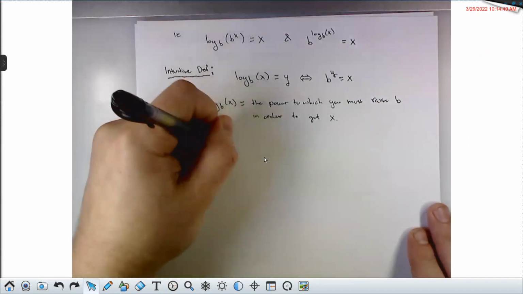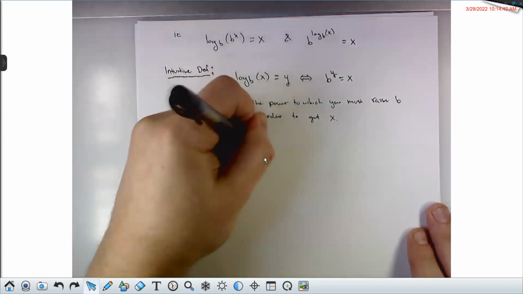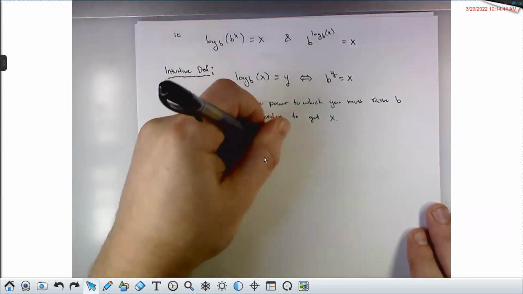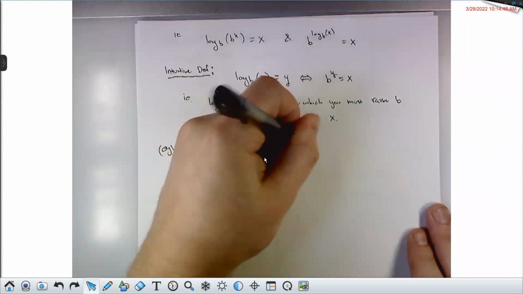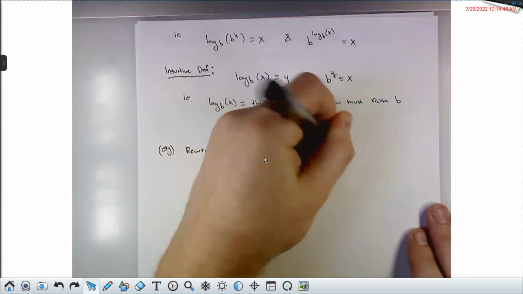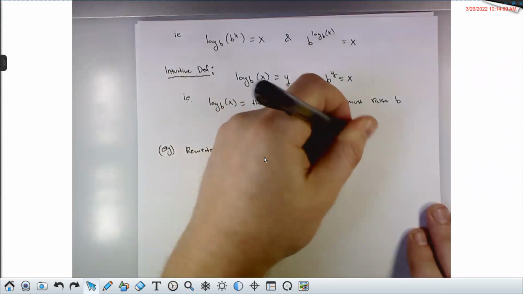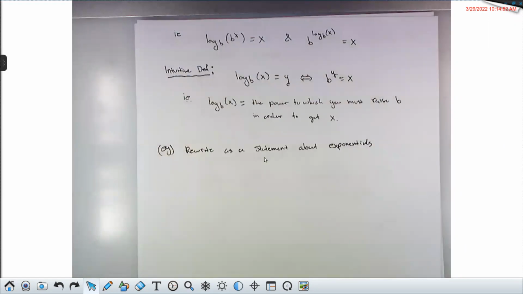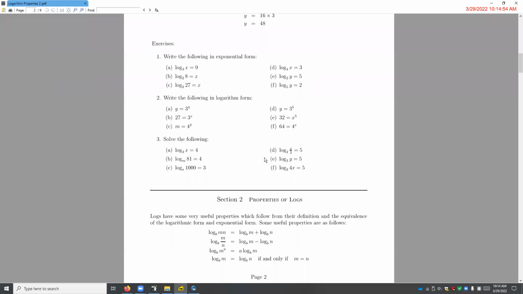I'll phrase this as rewrite as a statement about exponentials. We had log base 3 of x is 9, log base 2 of 8 is x, log base 3 of 27 is x.